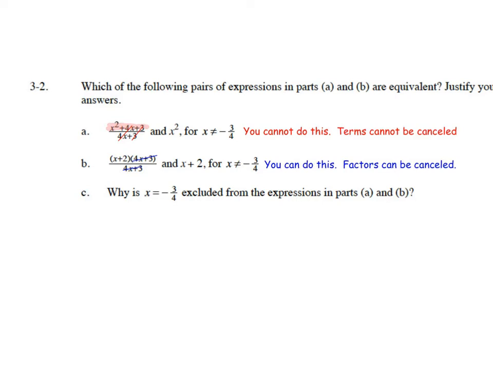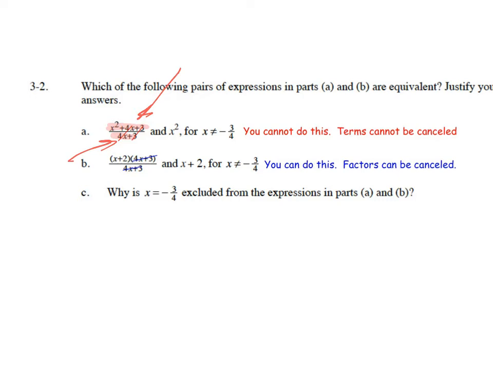That's a polynomial. So the rational expression overall is x squared plus 4x plus 3 over 4x plus 3. We have a polynomial in the numerator of x squared plus 4x plus 3, and then also a polynomial in the denominator of 4x plus 3.